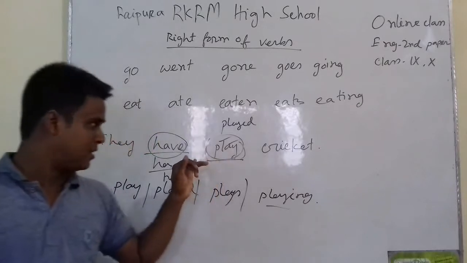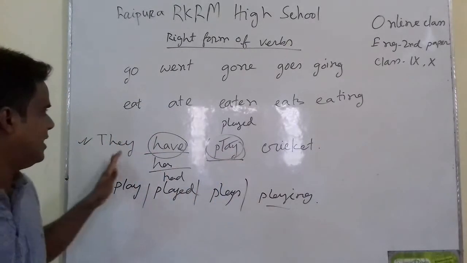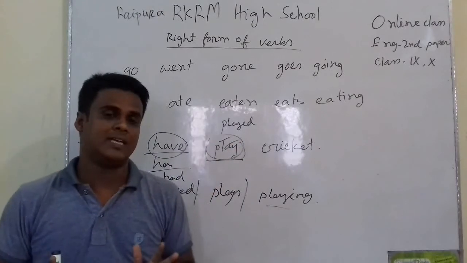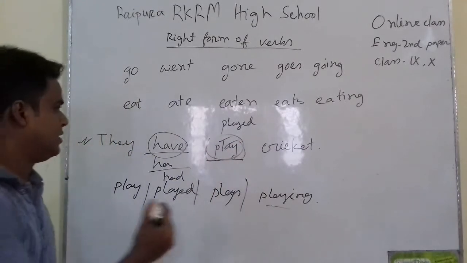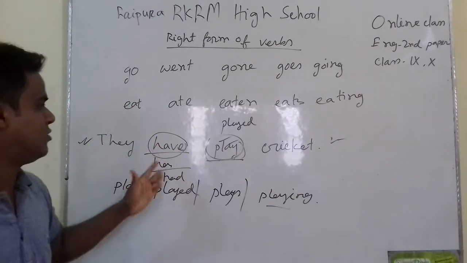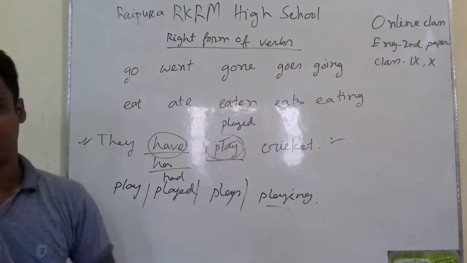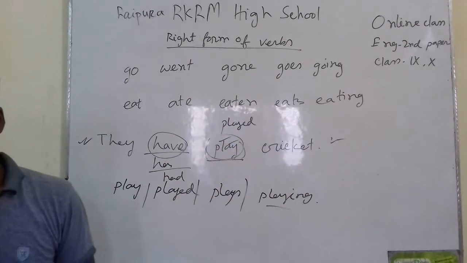So the past participle form is played. So the sentence will be, they have played cricket. So what is the rule? If there is have, has or had before a main verb, then we have to use past participle form. I hope you all understand this.